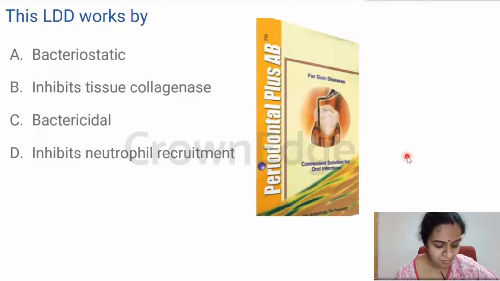Most of you are saying bactericidal, C. Just remember how tetracycline acts. What is the actual action? It inhibits protein synthesis, right? So should it be C?